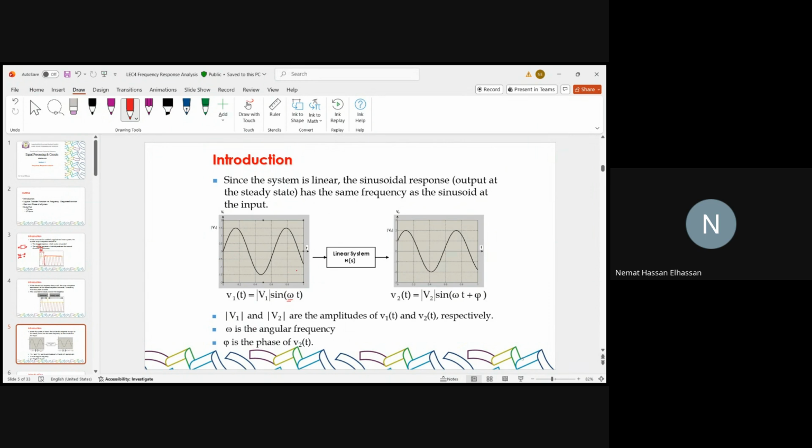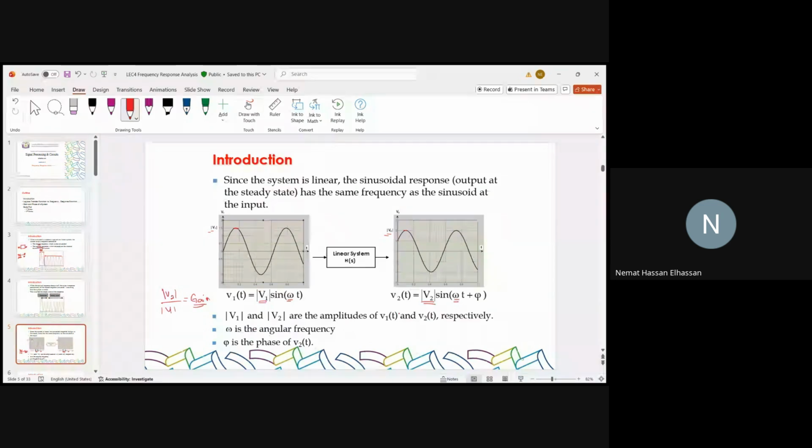If your input is at frequency omega, your output will also be at the same frequency omega. However, if the highest peak of your input is V1, the highest peak of your output will be V2. The ratio V2 over V1 is your system gain.